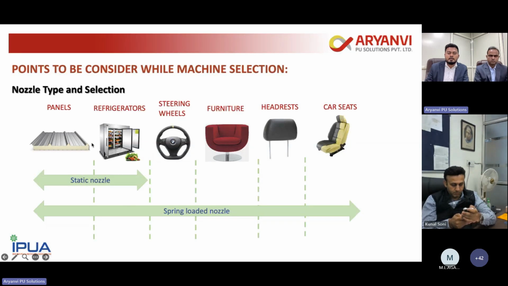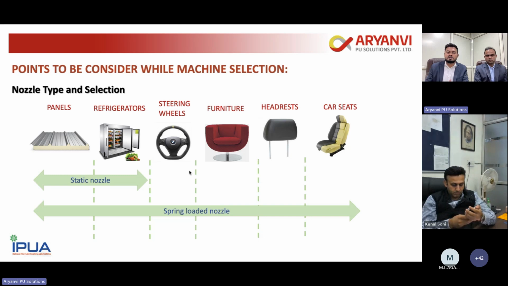But if you want a good laminar flow, good productivity, and better quality, you can use a spring-loaded nozzle. This is widely usable, starting from the panel to the seating application. So this is the difference between the static nozzle and the spring-loaded nozzle.